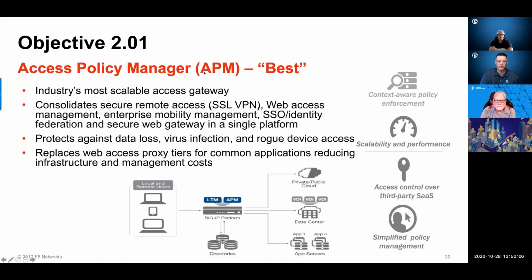We can do federation with SAML and give you access to those sites, even other sites like Google and Salesforce. So it's kind of like a Swiss Army knife product in the sense that it can do all these things, VPN and so on. Key things to remember here: SSL VPN, single sign-on, SAML, identity federation, all tied to this product.